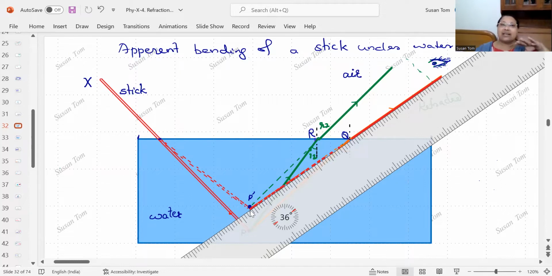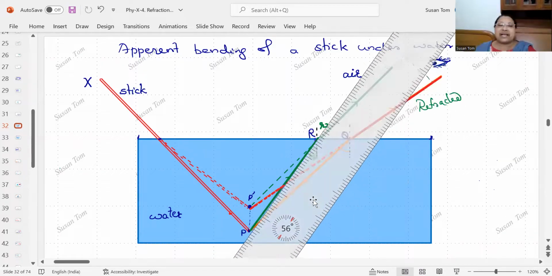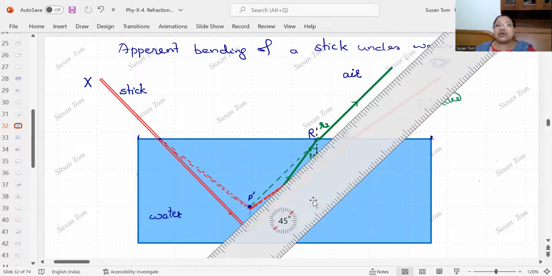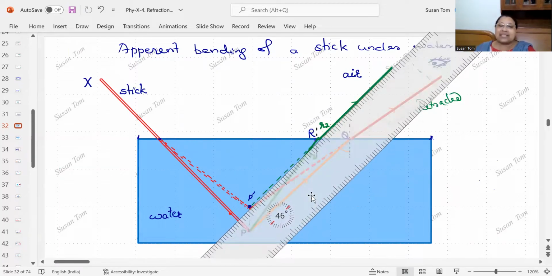Then only you will get the correct diagram to get full marks, I'm telling. In the same way, for the second ray from the same point P, we get PR as the ray, which on refracting, you keep the refracted ray's direction so that on producing backwards it reaches the same P dash. So obtain the P dash there.